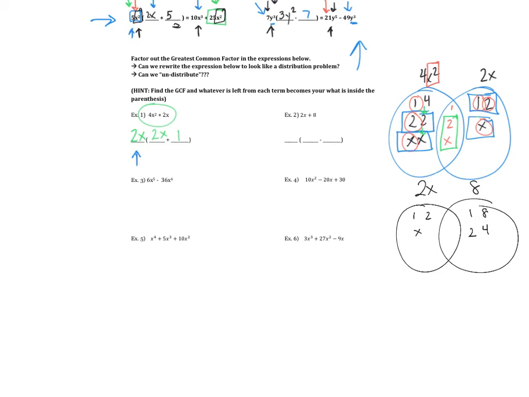Now what I want you to do is I want you to find the greatest common factor. So I circle my 1, and then I circle my 2. Okay? And then what I want you to do is go ahead and square. Well, now I know that my greatest common factor is 2. So I'm going to go up to this line, and I'm going to write in a 2, because that's my greatest common factor. Okay? Then what I want you to do is go ahead and box what you took out of. Okay? And box what you took out of.